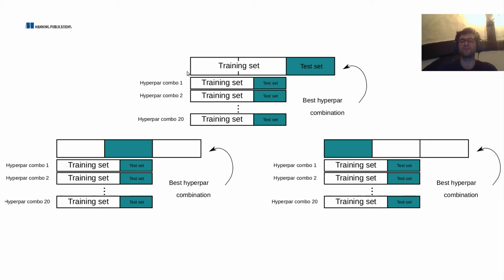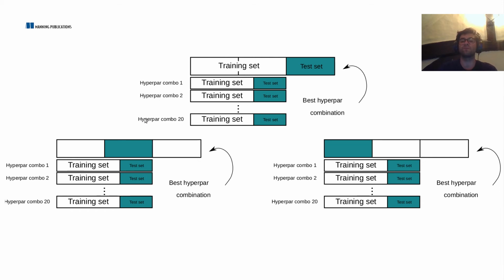Then within the training set, for this particular fold, we again further split the data into a training set and a test set. During our hyperparameter tuning process, we randomly select a combination of hyperparameters, and using that combination, we train a model with the training set and evaluate it on the test set. Then we pick another combination of hyperparameters and do the same thing.